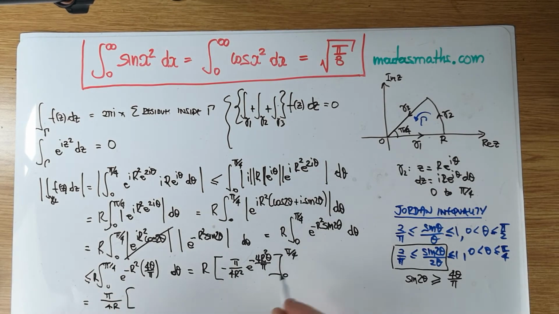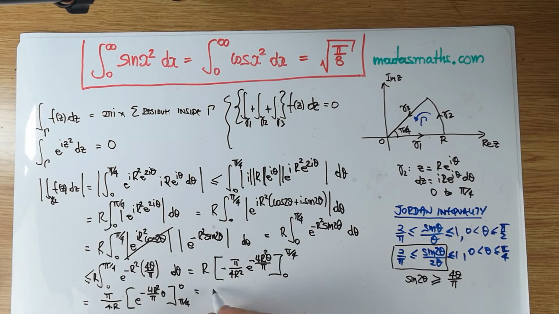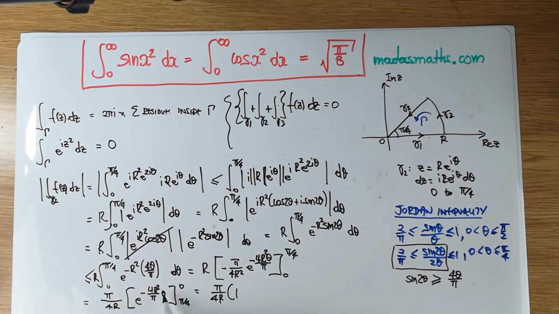Because I'm reversing the limits, this minus has now gone, so it's going to be e to the minus 4r squared over pi theta, from theta equal to pi over 4 to theta equal to 0, so it's going to be pi over 4r. At the front, I put 0 for my theta, which is equal to 1, and when I put pi over 4 it is minus e to the minus r squared.